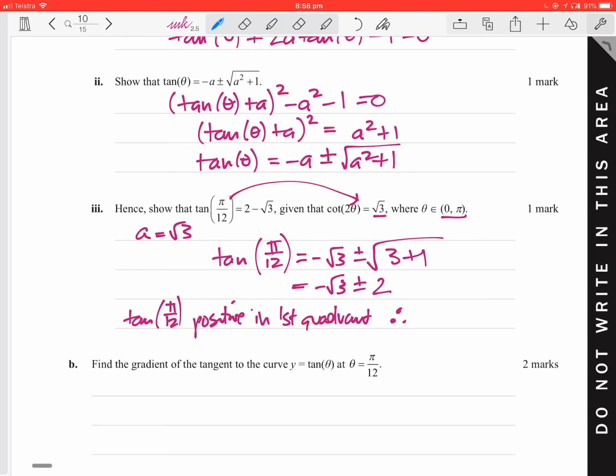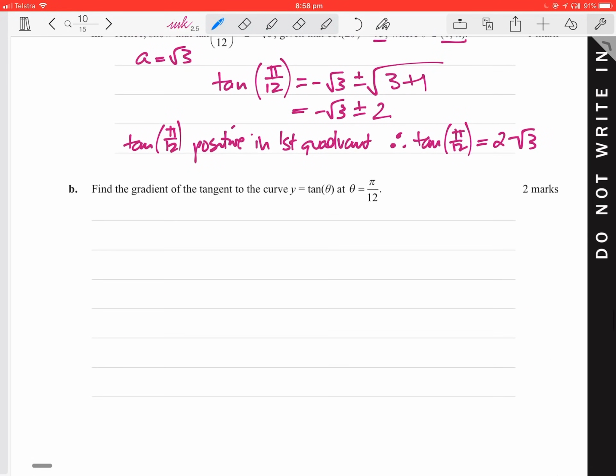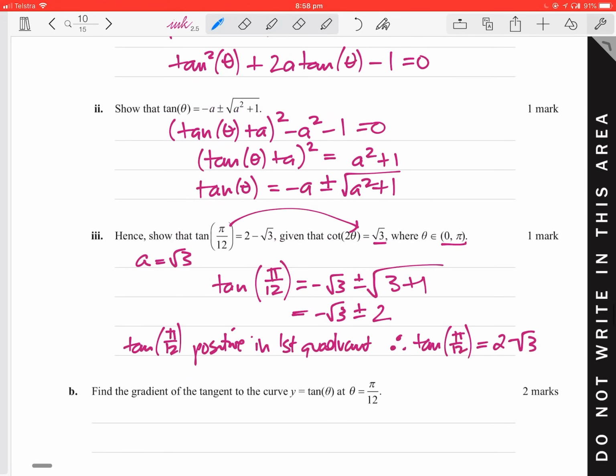Therefore, tan of pi on 12 equals 2 minus root 3. That's what I wanted us to show.